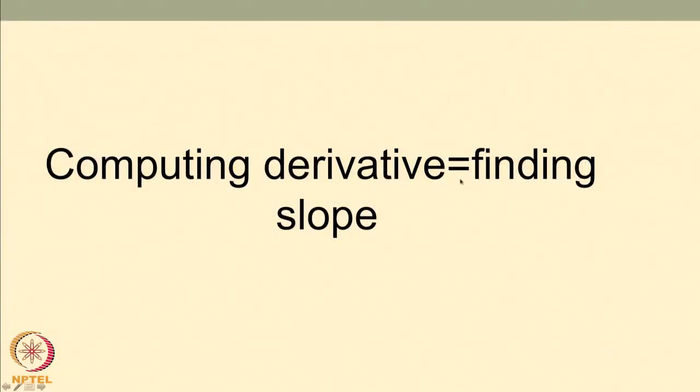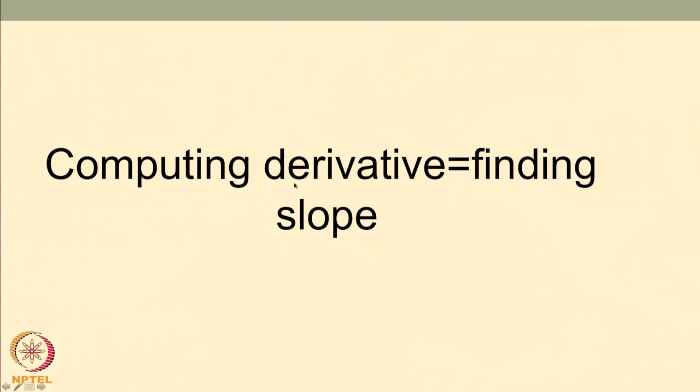We discussed in the last lecture that computing the derivative is equal to finding the slope. If we can find the slope, that is the same as computing the derivative.